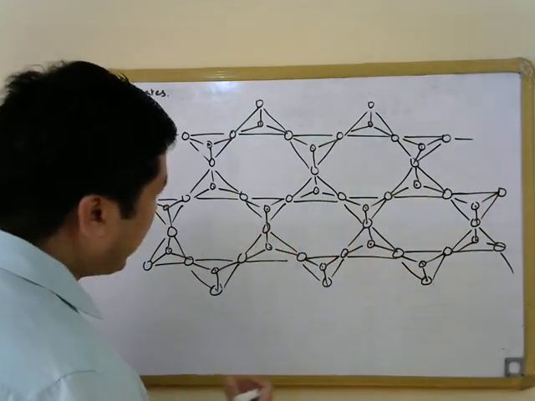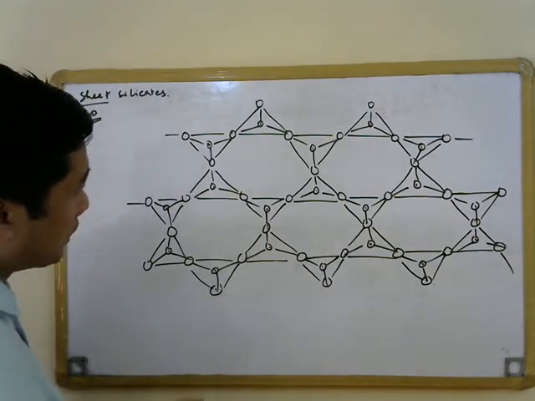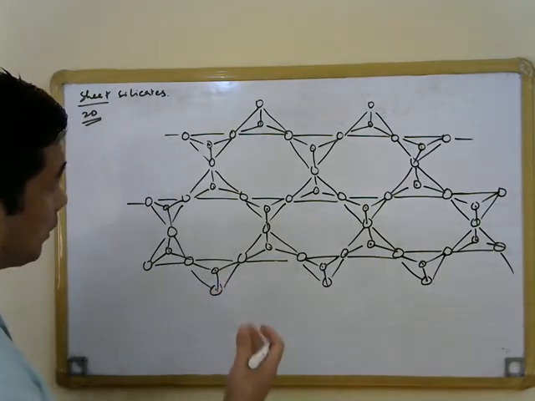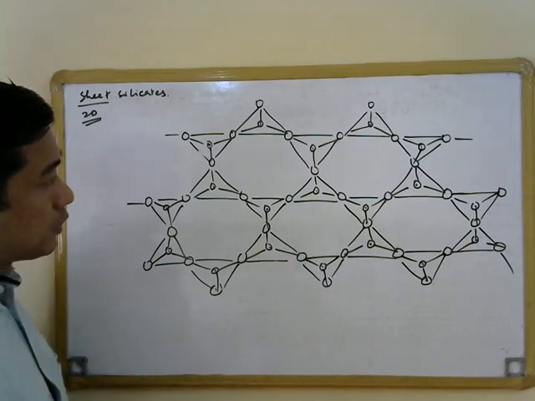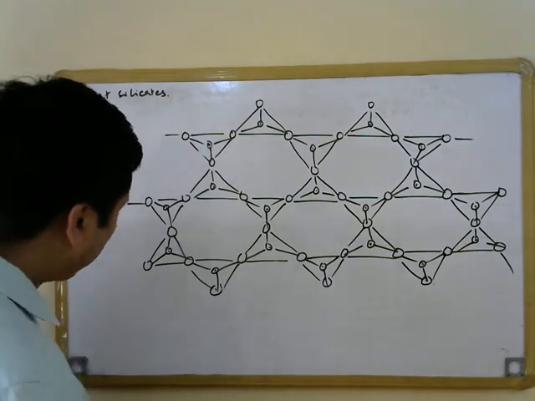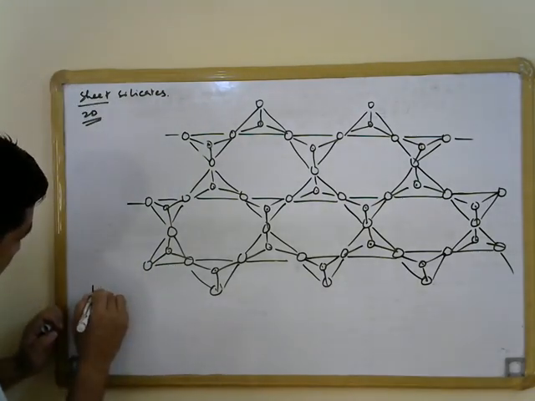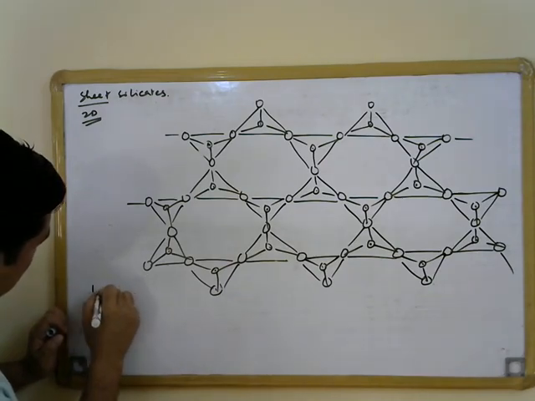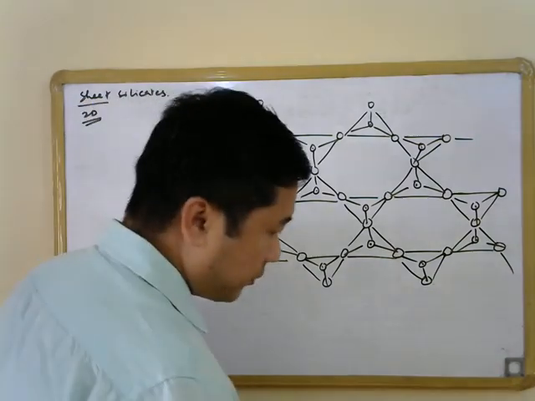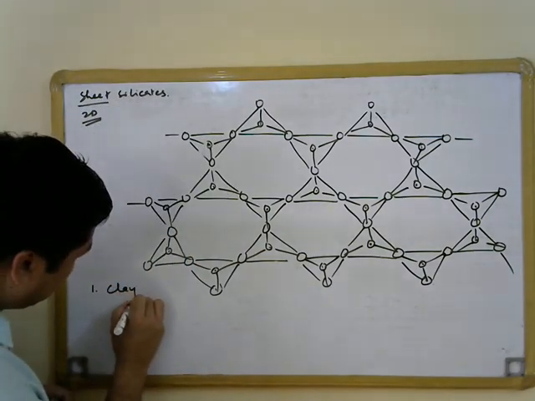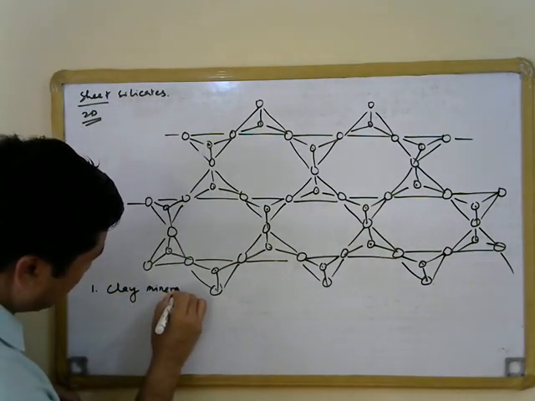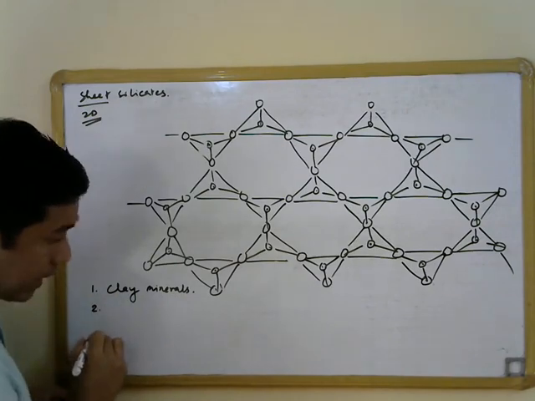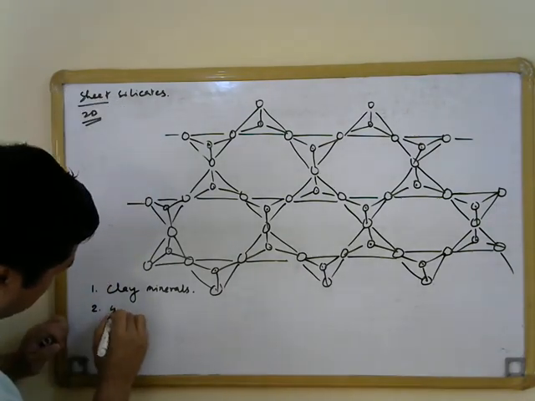Now, depending upon how many layers are present, these structures are going to be different, and there are essentially 4 different classes of sheet silicate minerals known. The first one is clay minerals. Then we have white asbestos.